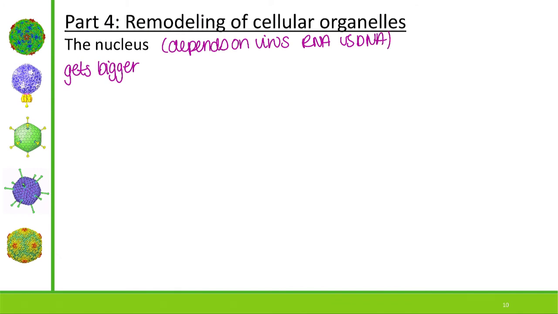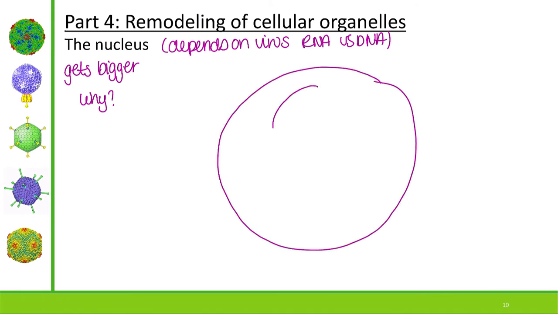But if you are a DNA virus, herpes virus, adenovirus, these viruses go straight to the nucleus. And so one of the things that happens is the nucleus is going to get bigger. As that nucleus gets bigger, you're probably wondering, why is it getting bigger? Well, let's go ahead and draw a cell.